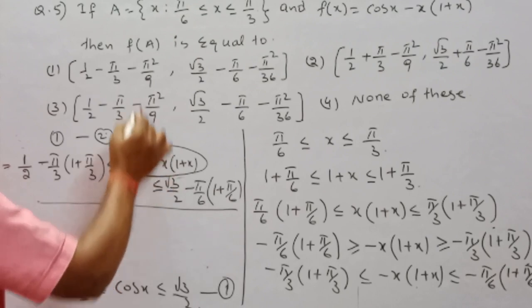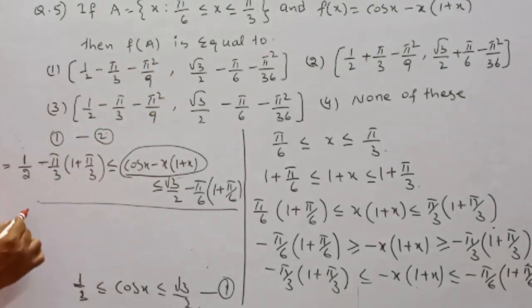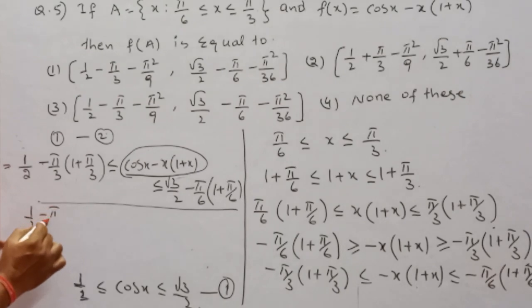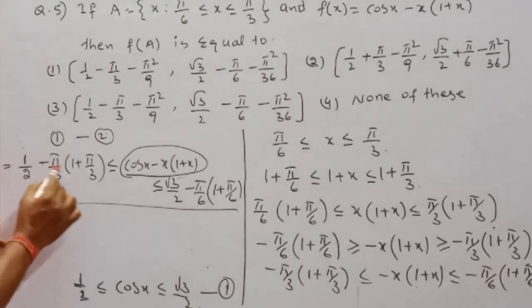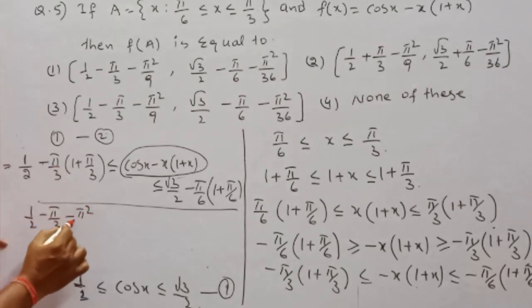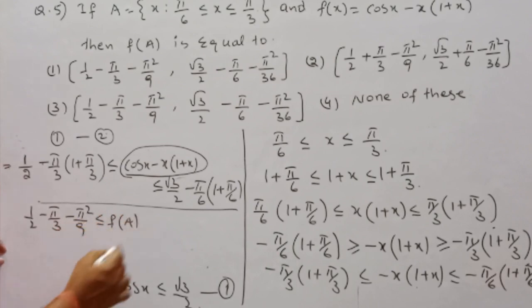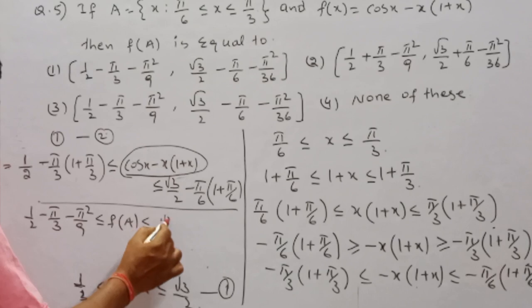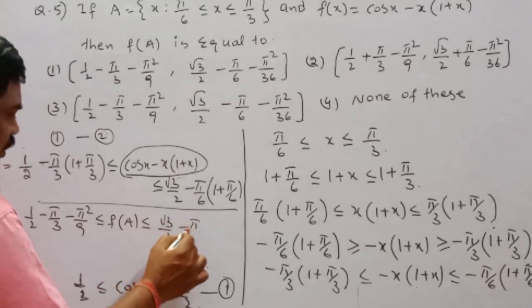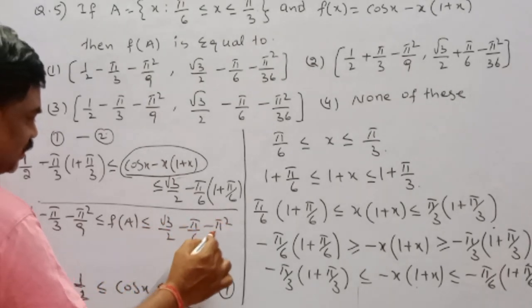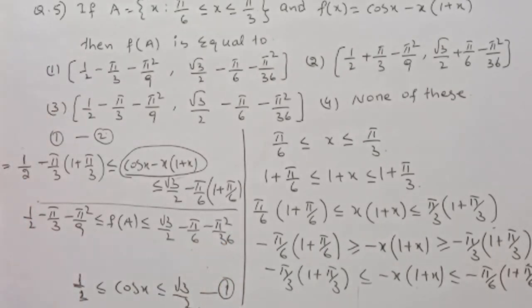What is this one? f of A. So 1 by 2 minus pi by 3 minus pi square by 9 is less than or equal to f of A, less than or equal to root 3 by 2 minus pi by 6 minus pi square by 36.